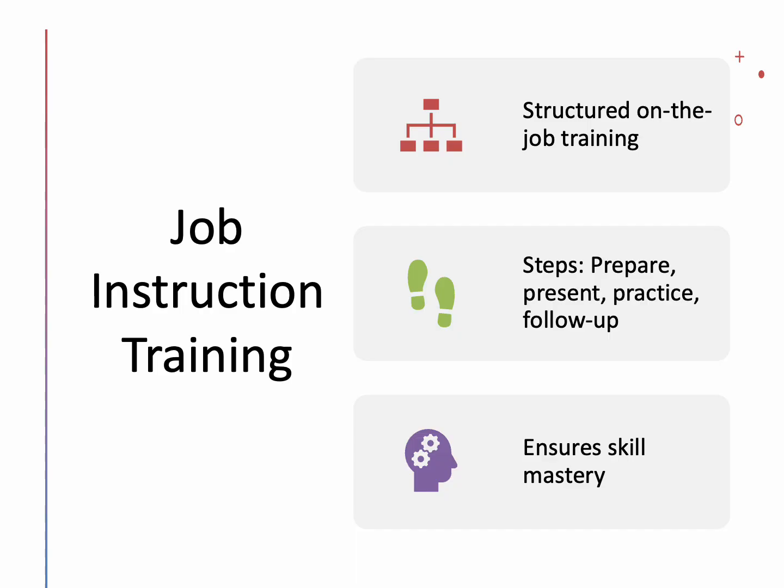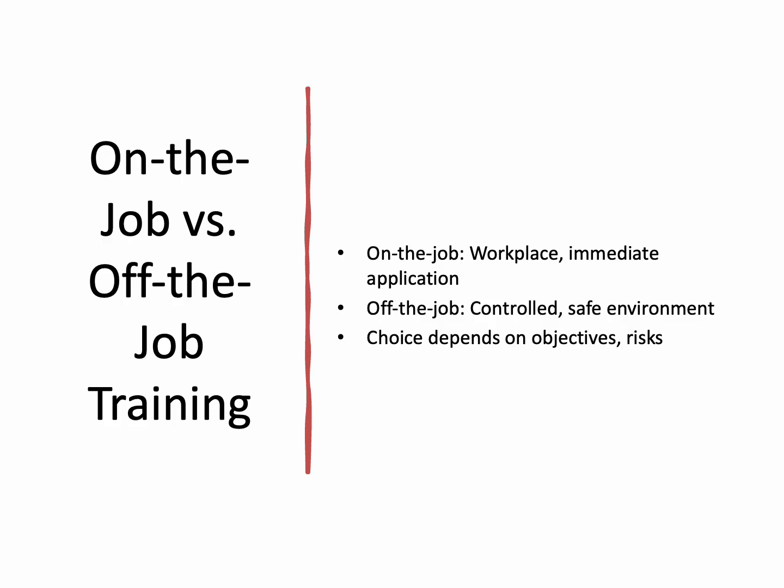As we discuss this, consider how structured instruction applies to your industry. This method is effective in fields like manufacturing or retail, ensuring trainees master skills through hands-on practice and feedback, leading to confident performance.